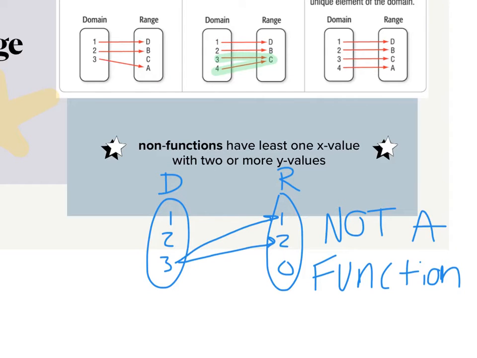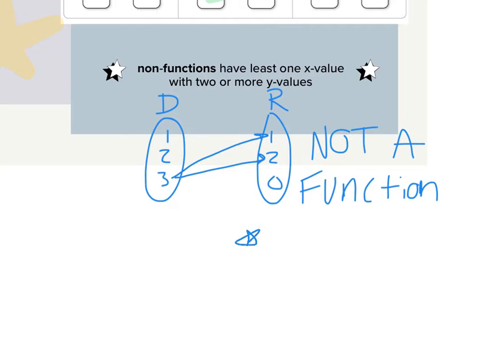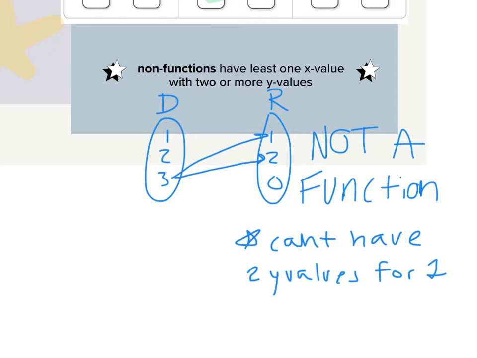So you can't have two y values for one x value.